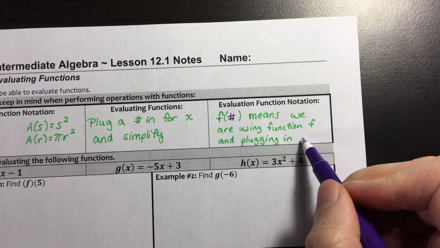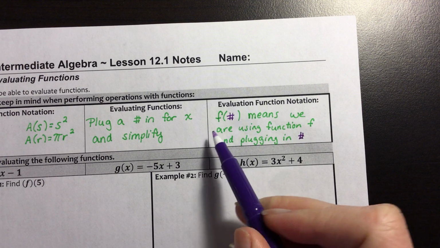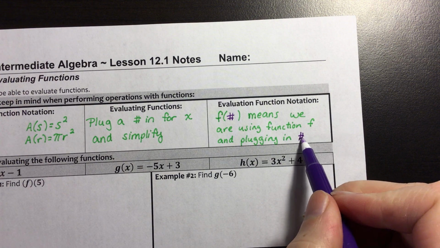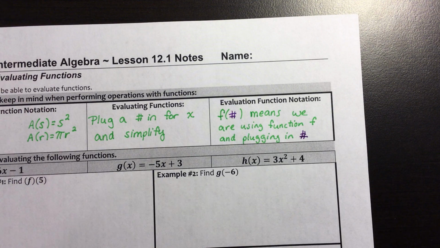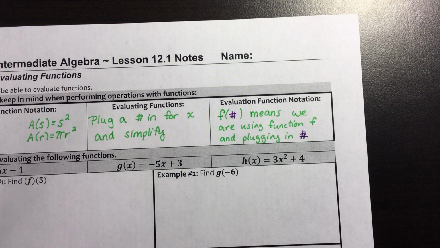We would be plugging in 2 if this said f of 2. We would plug in negative 5 if it said f of negative 5. So using the function f and plugging in whatever that number is on the inside. I'll stick with these colors. The purple is going to represent whatever the number is inside, and then f represents the function that we already have.